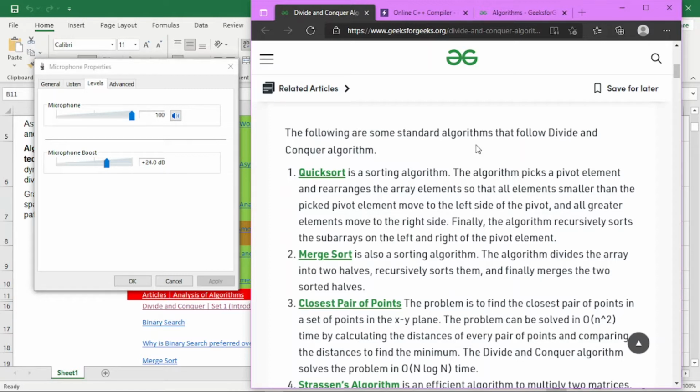So we divide this into various sub problems and recursively sort the sub arrays on the left and right of the pivot element.